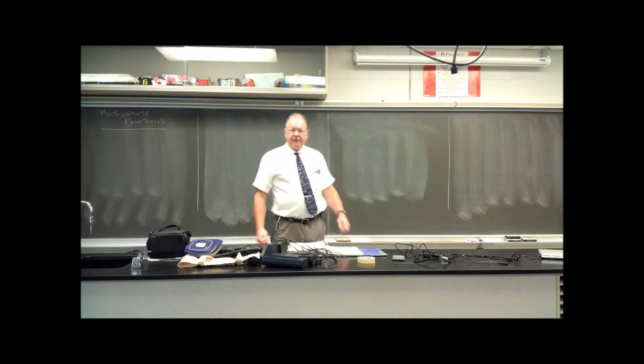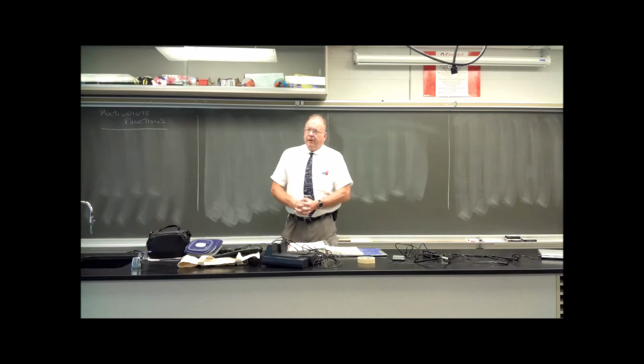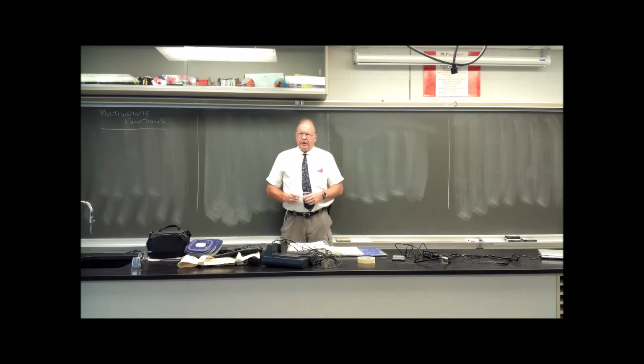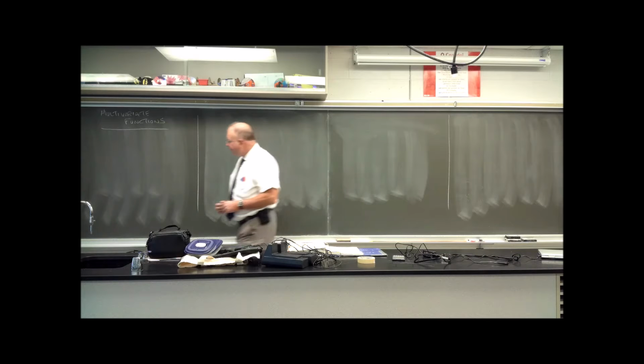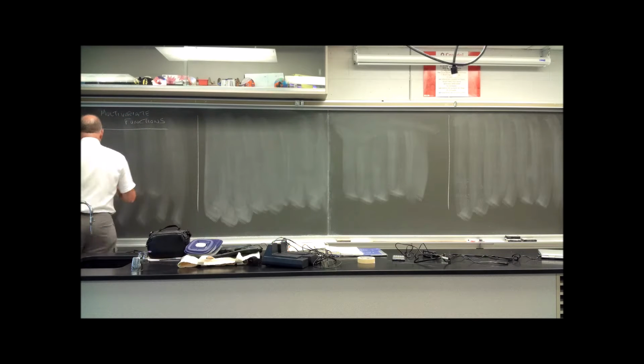So, multivariate functions. Typically until now, you have dealt with functions, at least that were explained to you, that were in one variable. For example, you have learned something like this, where you say, okay, f of x is equal to 3x squared plus 5x minus 2.